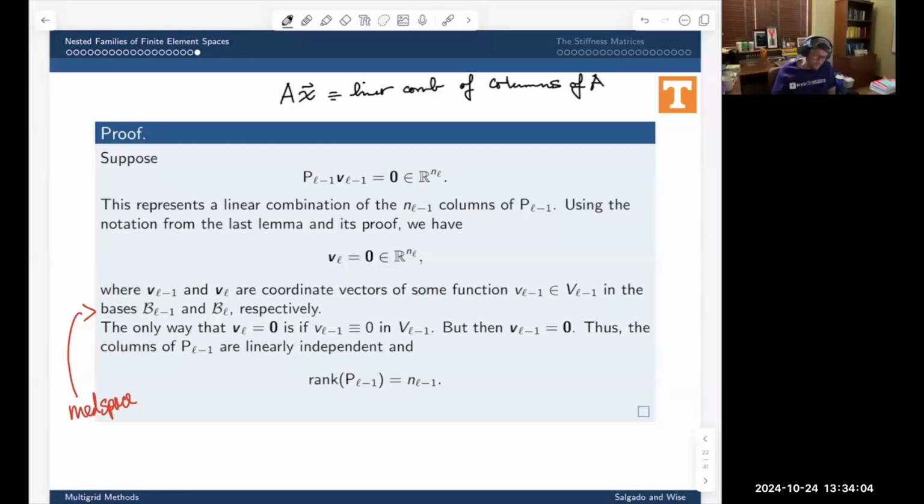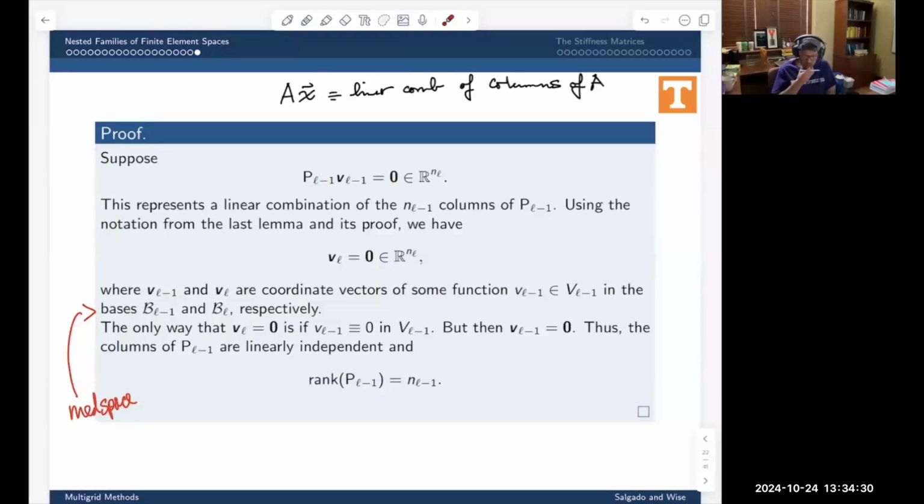And of course, the coefficients of this vector act as the coefficients for this linear combination. So if I have a vector here from R^{N_{L-1}}, then this is just a linear combination of the columns of P_{L-1}, and we're going to set that equal to 0.